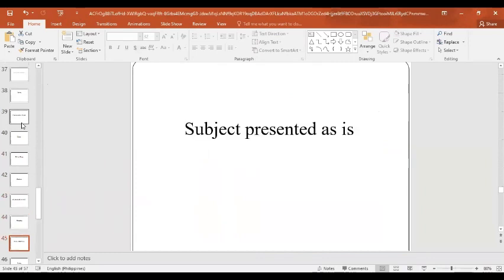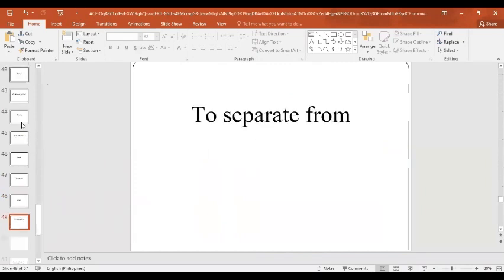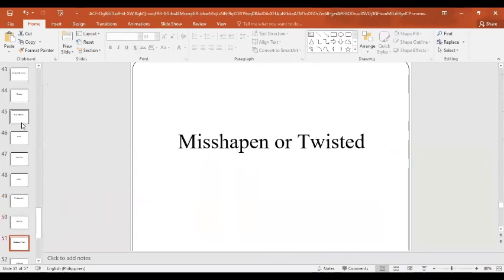So subject presented as is. What is this? We have the reality, or it can be realism. How about sacred text? Under ng sources of subject, we have religion. Next, to separate from, one of the ways of presenting the subject, we have abstraction.